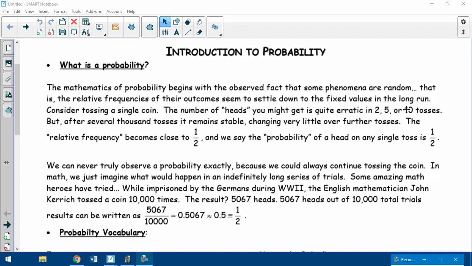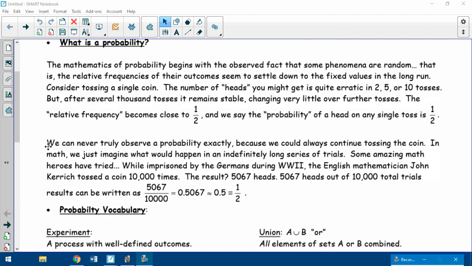I guess if I gave everyone a coin in my 2 classes and had them flip it 10 times, I might get one person who gets all heads on those 10 tosses, but it'd be kind of rare. But if I asked you to flip a coin 1,000 times, it'd be super rare that you would get all heads. So the more you toss it, it's going to get closer to what's called its theoretical probability of 1/2. Because you know every time you toss a coin, you have a 50-50 shot of getting heads or tails.